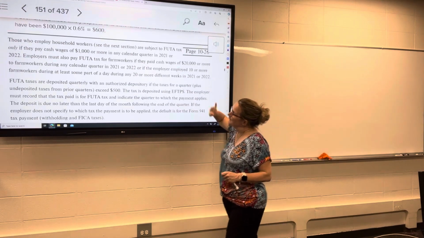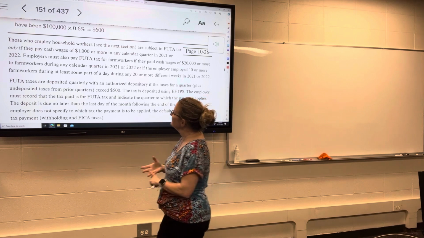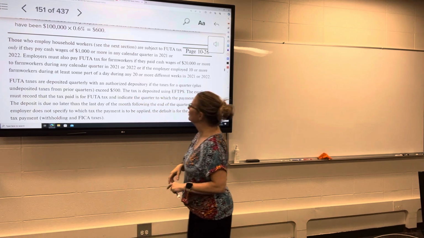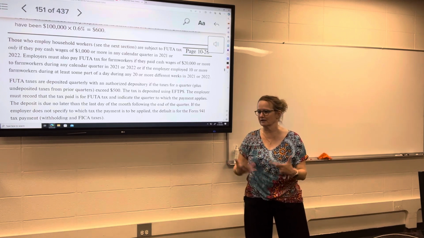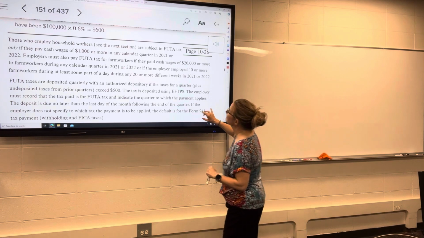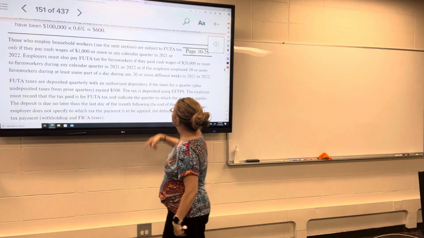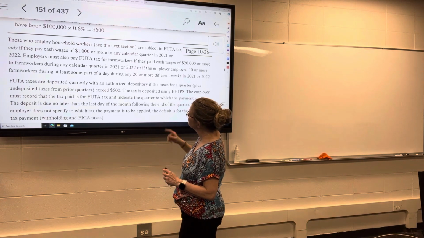Okay, so household workers are subject to FUTA tax only if they pay cash wages of $1,000 or more. And don't think of cash as in cash. Think of cash, check. They receive wages, okay? I don't know why they say cash wages necessarily. If they paid $1,000 or more in any calendar quarter in 2021 or 2022, they must also pay FUTA tax.